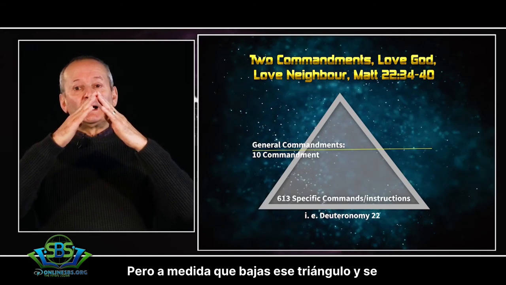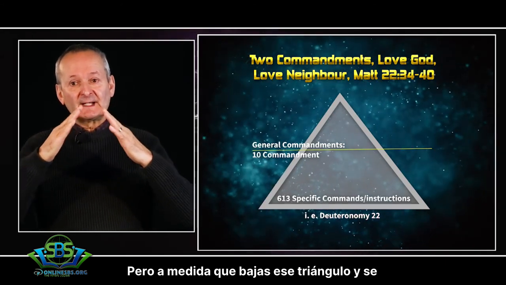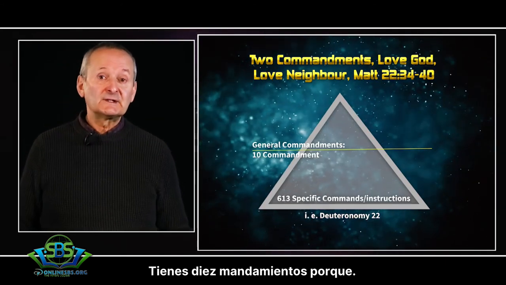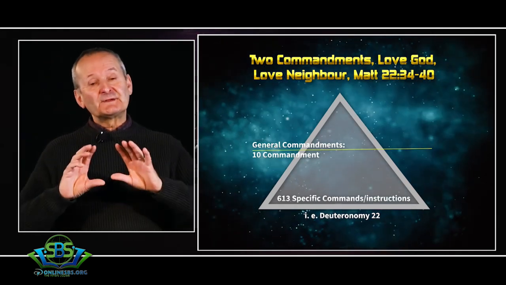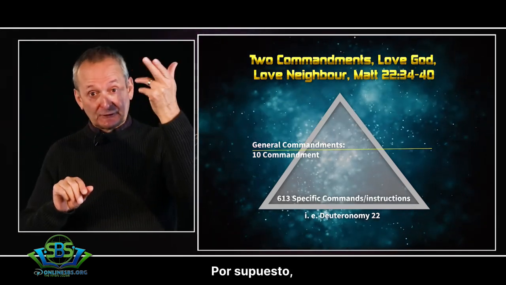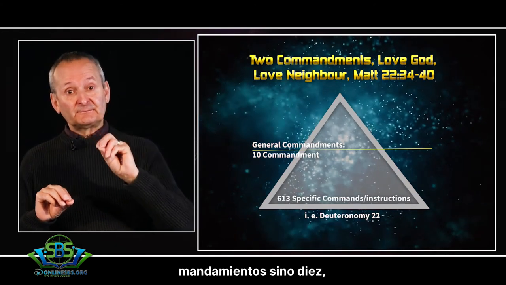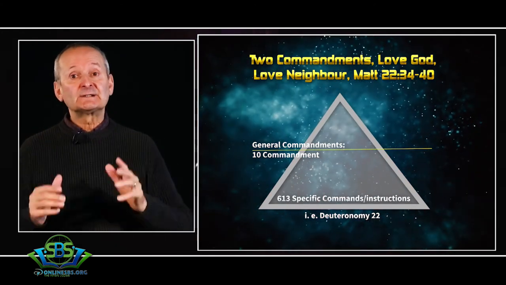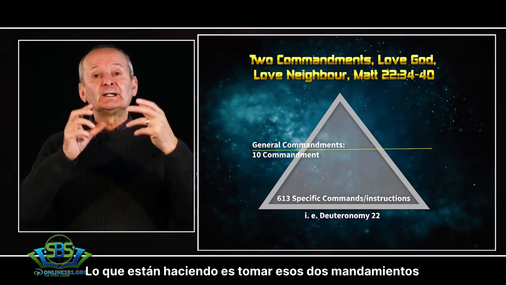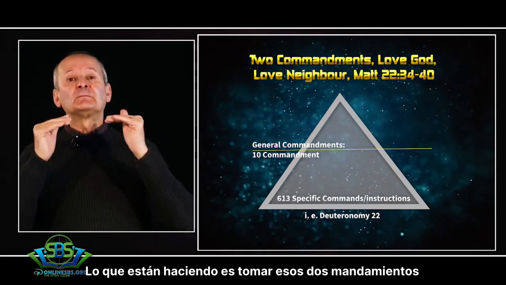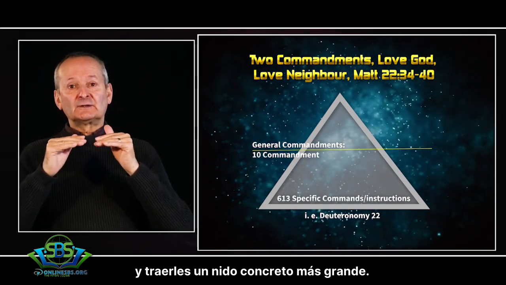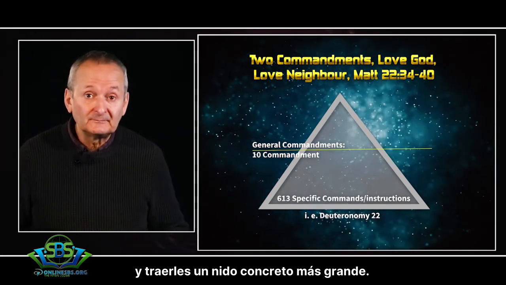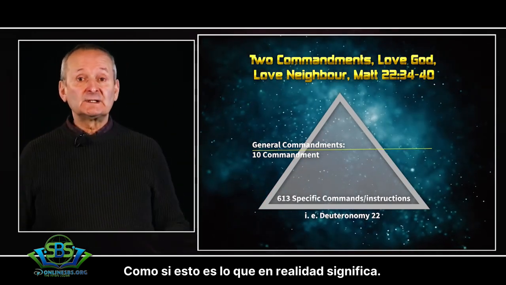But as you go down that triangle and it gets bigger, you have the Ten Commandments. Because the Ten Commandments are, of course, not two commands, but 10. But actually, what they are doing is taking those two commandments and bringing a greater concreteness to them. Like, this is what it actually means.